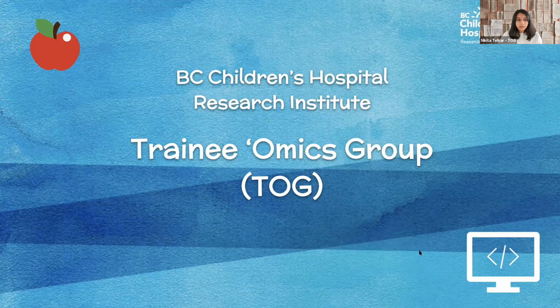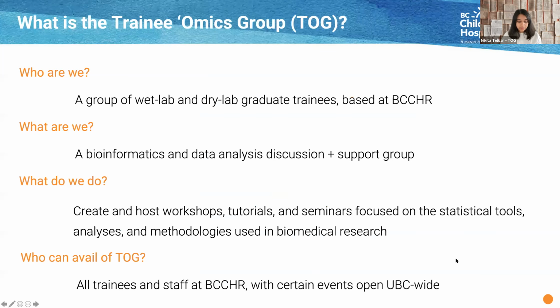So we focus mostly on biomedical research. All the statistical analyses and methodologies that are involved in health research, we go over those. The workshops and all of the events and resources we have are mostly open to trainees at BC Children's, but certain events such as this one are open UBC-wide.